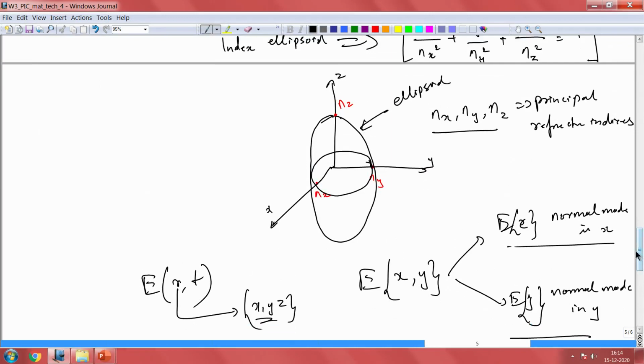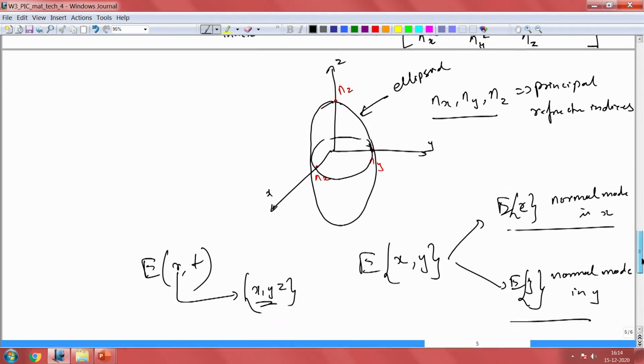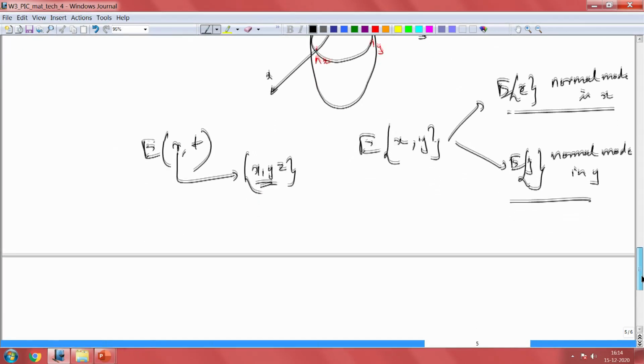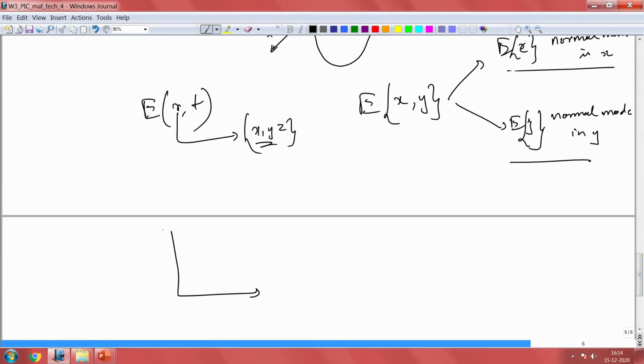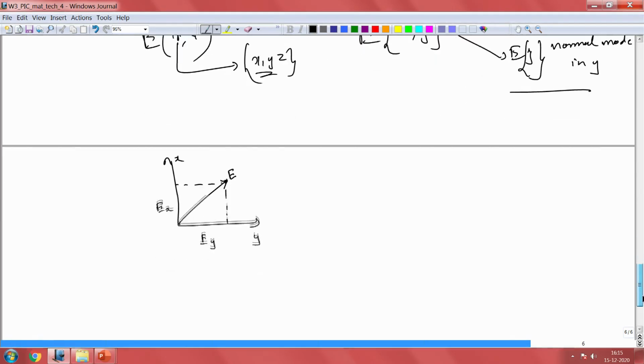So when you have the field defined along a principal axis, we call that a normal mode. If you take a space and you have an electric field E, you could decompose this into Ex and Ey. We will shortly see it, but this is how you can do it. So let us look at how they would propagate.